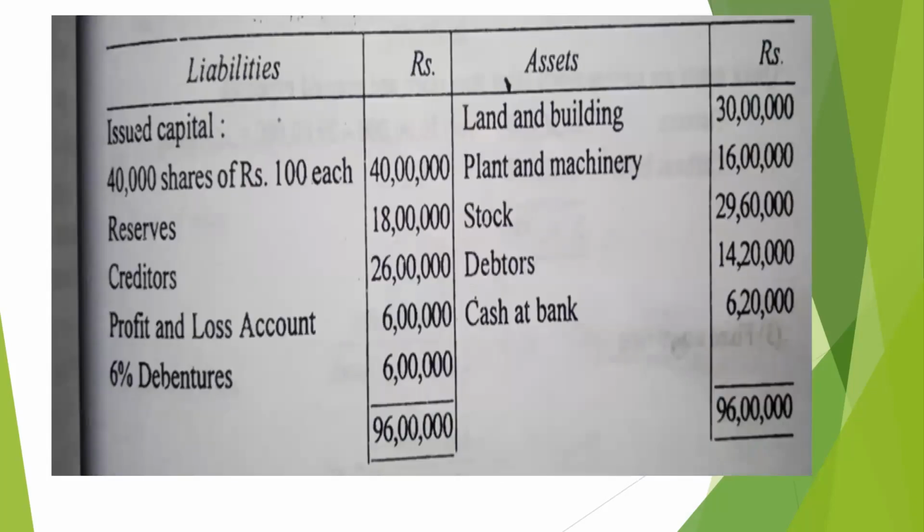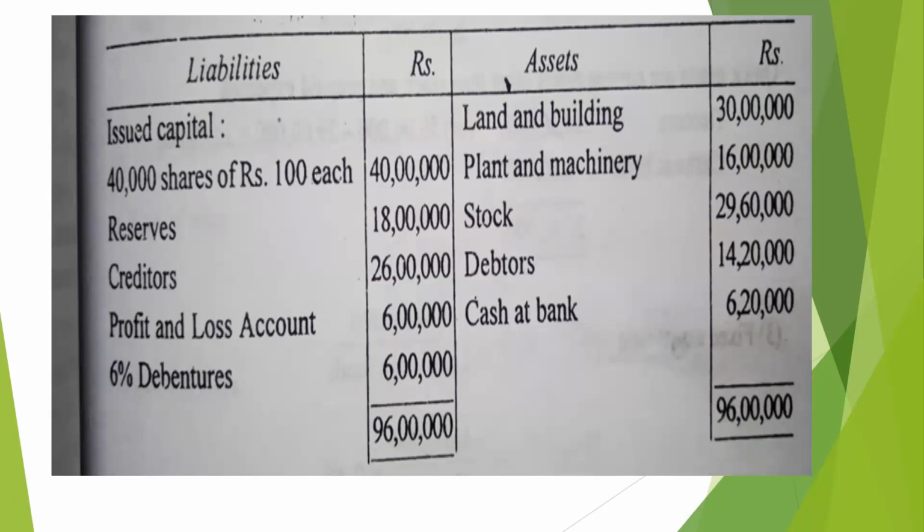Then under the liability side, issued capital, it is long-term. Reserve is not coming under the current liabilities. Profit and loss account also not coming under the current liabilities list. 6% debentures are also not coming under the current liabilities list. So only 1 item is coming under the current liability list, that is creditors.